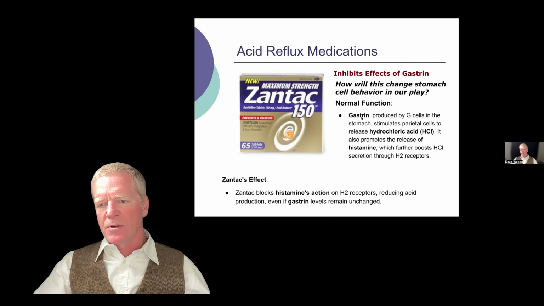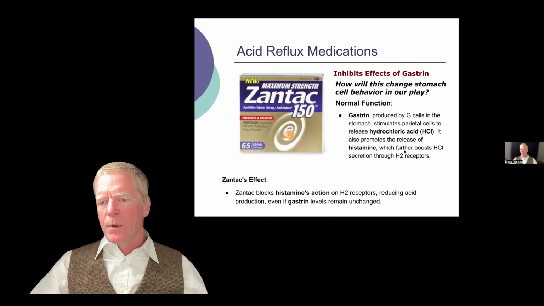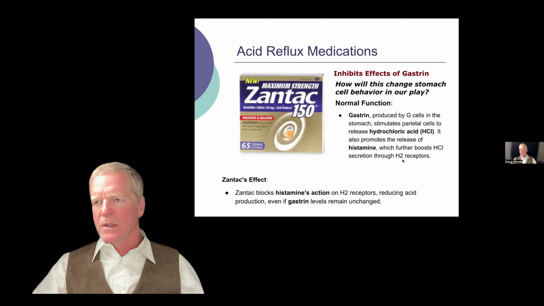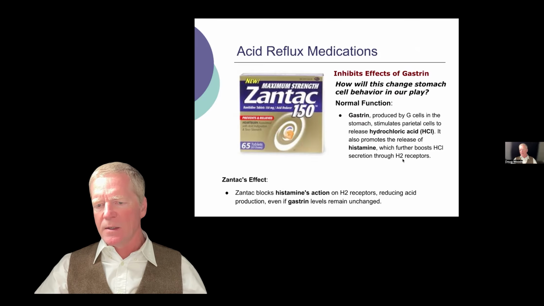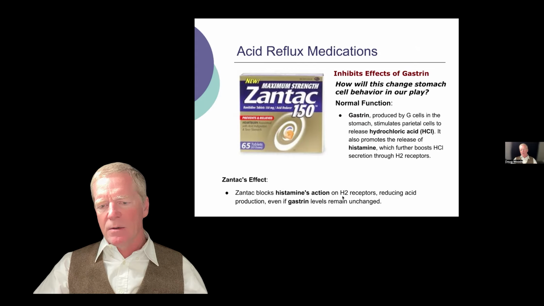G cells produce gastrin, and it promotes the release of histamine, and histamine boosts hydrochloric acid secretion through H2 receptors. Now, there's a slightly different receptor from histaminic receptors that might cause allergies and asthma, but they're in the same family. So Zantac can block histamine action by blocking the function of H2 receptors, reducing acid production, even if gastrin levels are quite high.